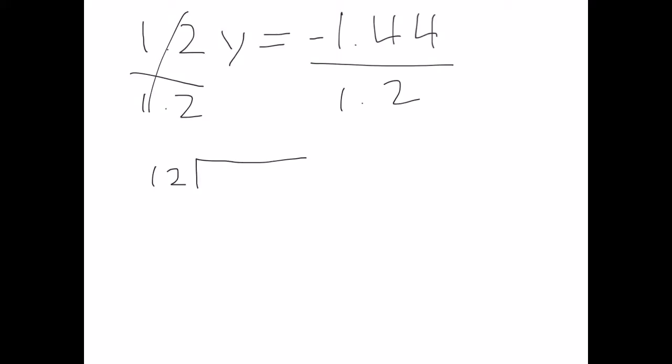So I made this 1.2 a 12, because your divisor just can't be a decimal. So then this will be 114. This will go in 1 time. And then you'll drag down there. That'll be 2. Making your answer 1.2.